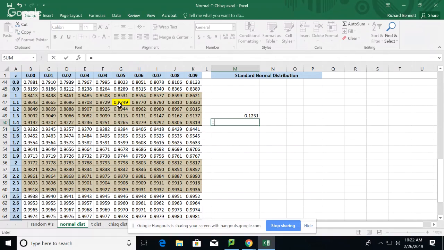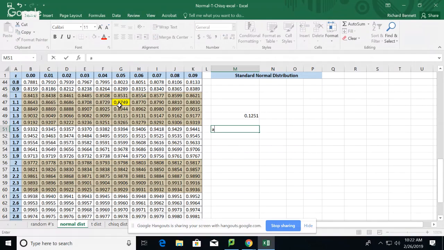No, not the same way. What's the computer command you would use to find this area? So you're still going to find your z-score. Let's find your z-score first.